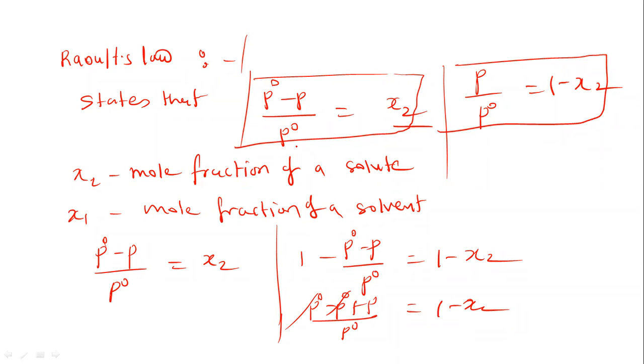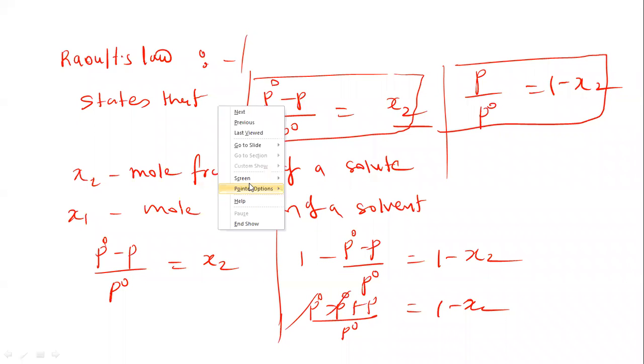So according to Raoult's law, the relative lowering of the vapor pressure is equal to the mole fraction of the solute. It means it depends upon the quantity, the amount, of the solute. How it becomes, you can see here.